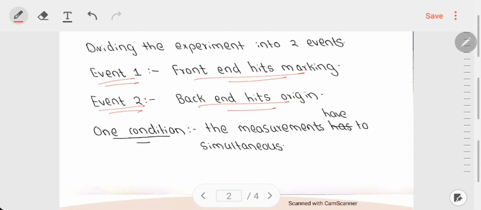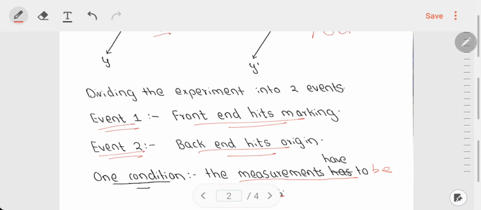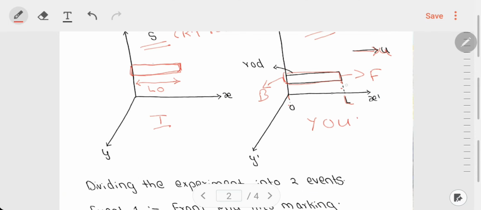Now there is only one condition: the measurements have to be simultaneous, which means that the observation of the front end hitting the marking L on the graduated scale and the back end hitting the origin have to be at the same time.